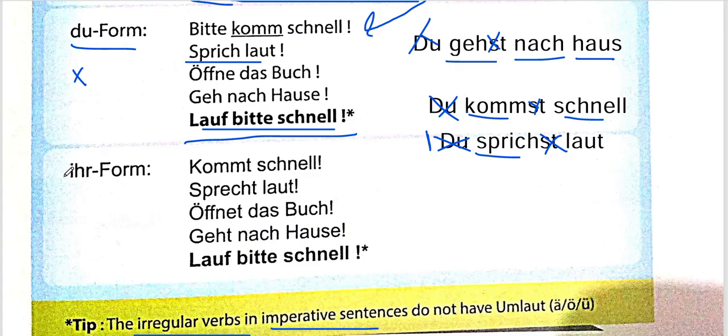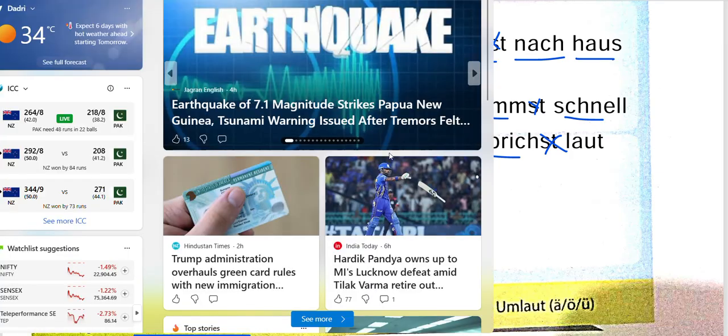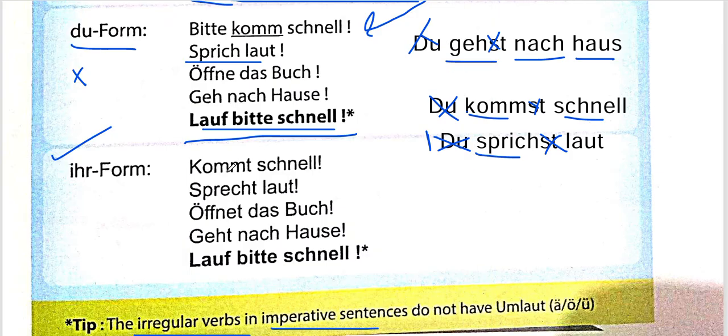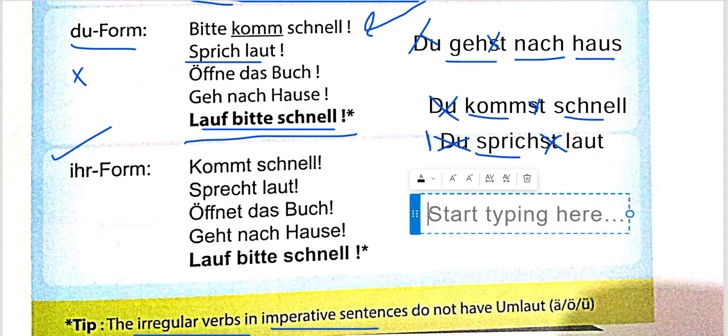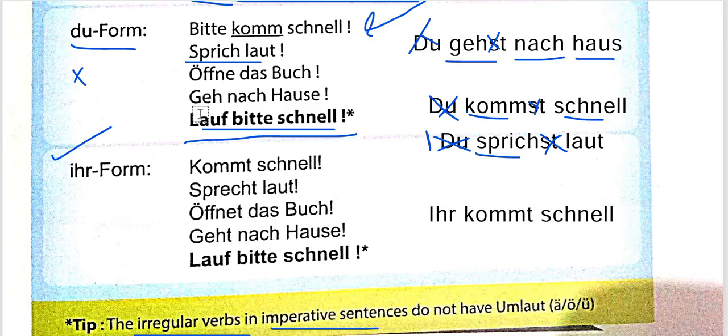Let's go ahead and complete imperative by doing the ihr form. So the ihr form is also nothing different. Let's say I had to say "Ihr kommt schnell". In the ihr case, it is actually very simple. You simply need to remove ihr.